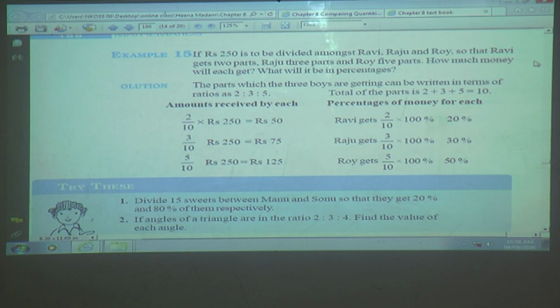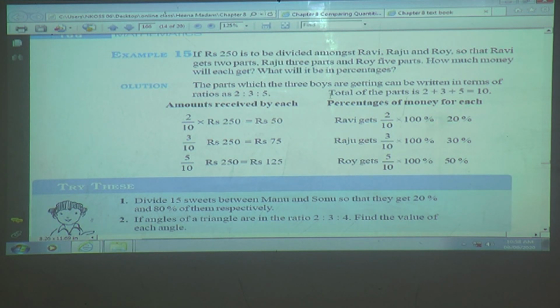How much money will each get? What will it be in percentage? First we have to see the amount each will get, and then we have to see the percentage of the money they will get out of 250 rupees.